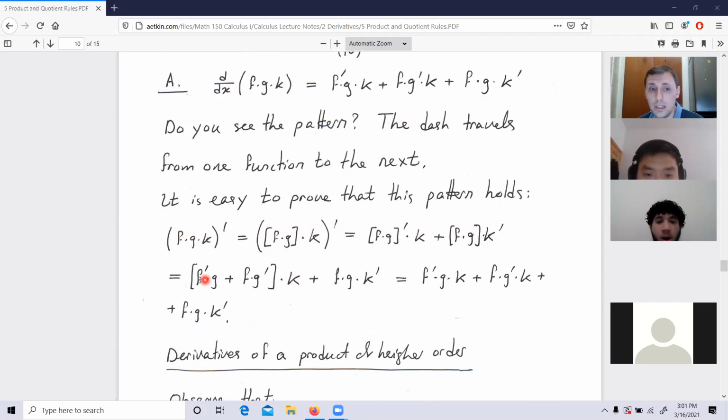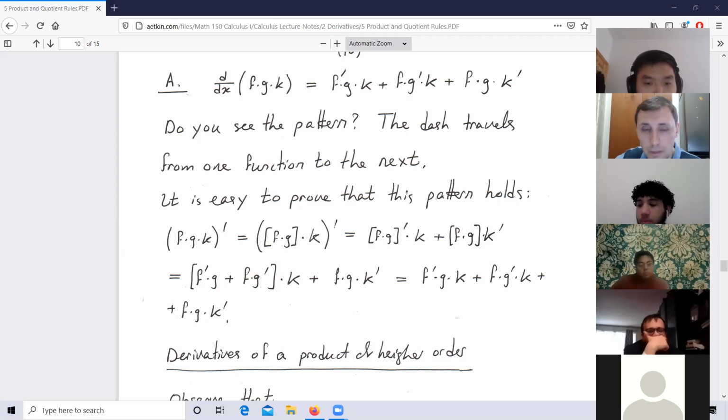Now in here, I have to take the derivative of a pair of functions again, which I know: f prime g plus f g prime. I know the way the derivative travels. And then when I simplify, I see that we have the traveling derivative. You agree?